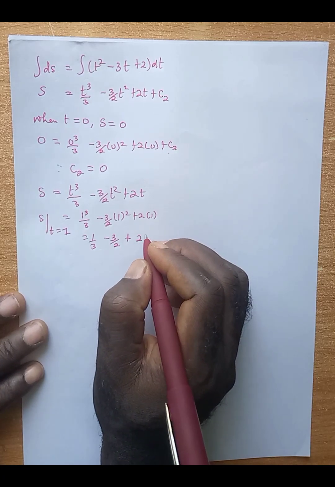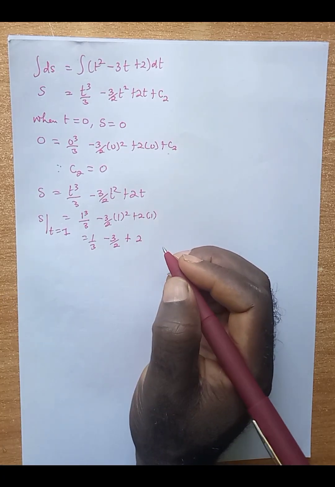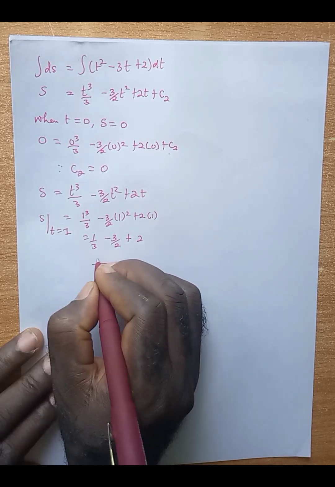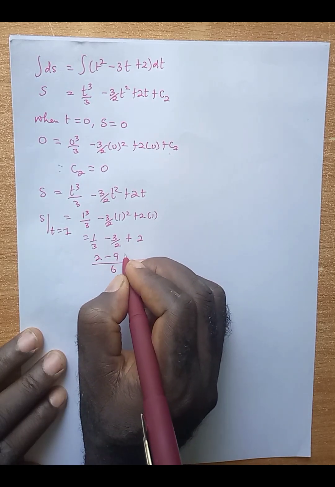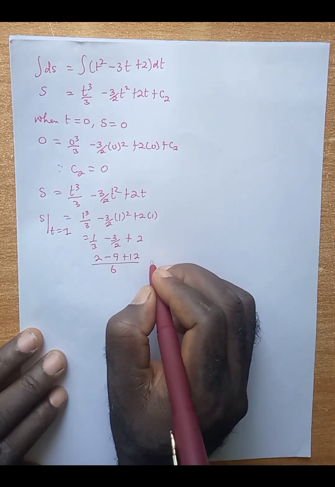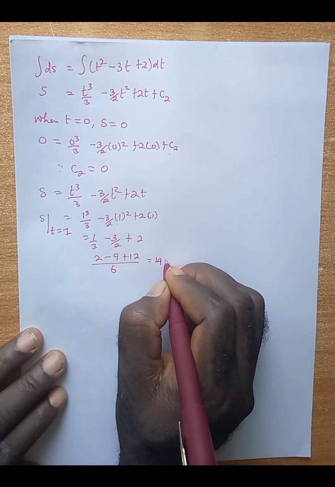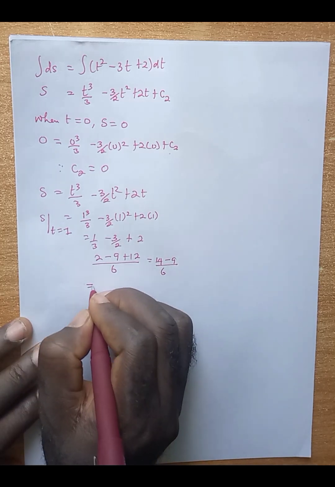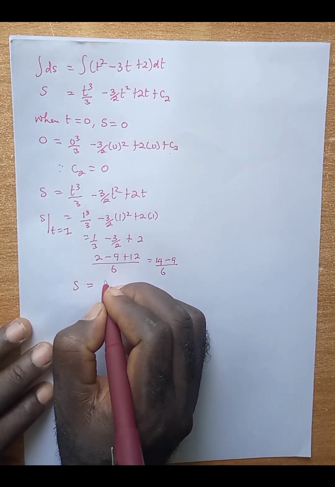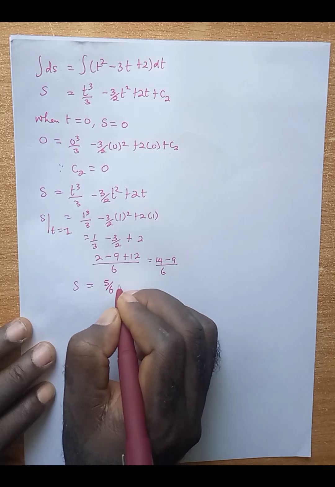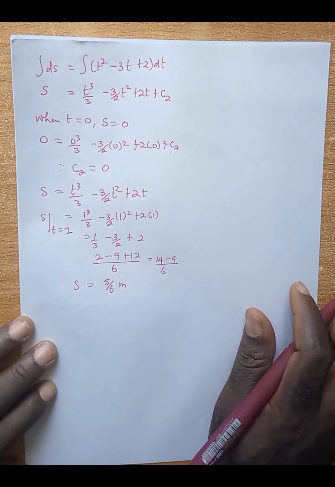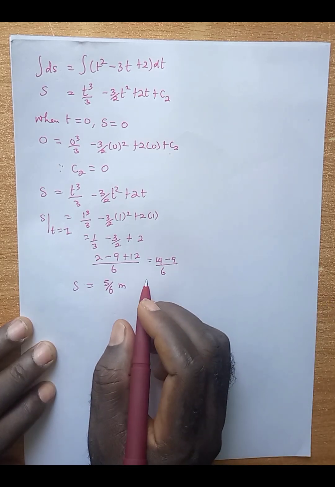Then from here, when we evaluate this one, the LCM here is 6, and this will be 2, this will be 9, this will be plus 12. Then this will give us 14 minus 9 over 6, and this gives 5 over 6 meter. So at 1 second, when the particle is momentarily at rest, the distance covered from O is 5 over 6 meter.